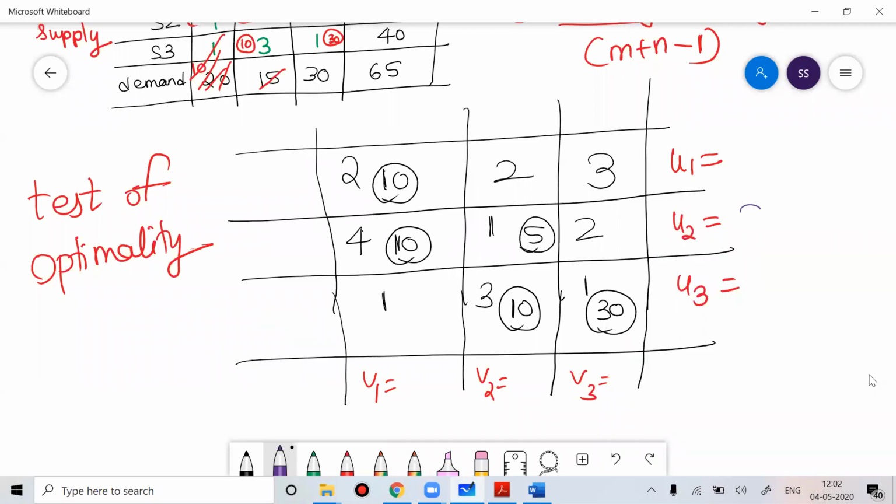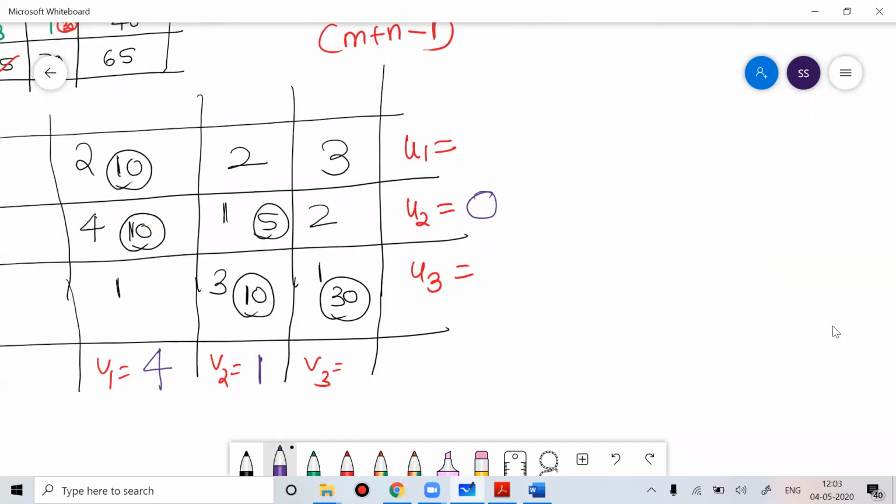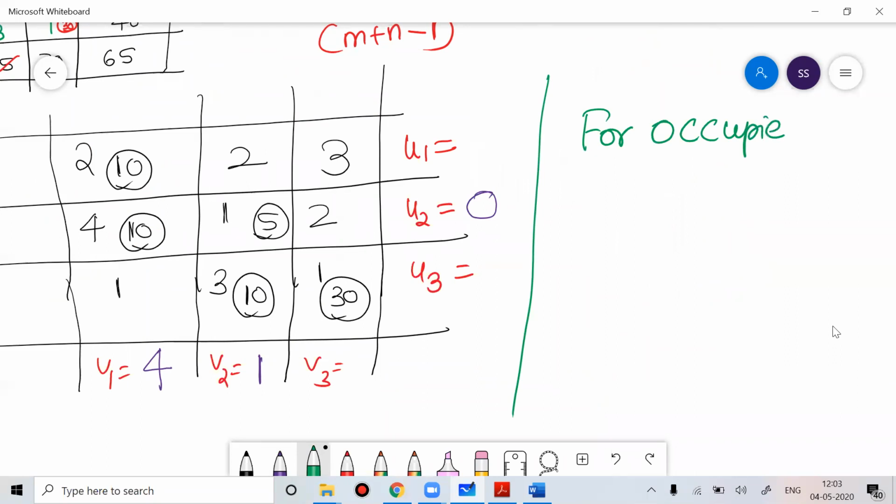So suppose I put U2 equal to 0. Now I hope you remember, the moment you put U2 equal to 0, you follow the formula for the occupied cells, Cij is equal to Ui plus Vj.